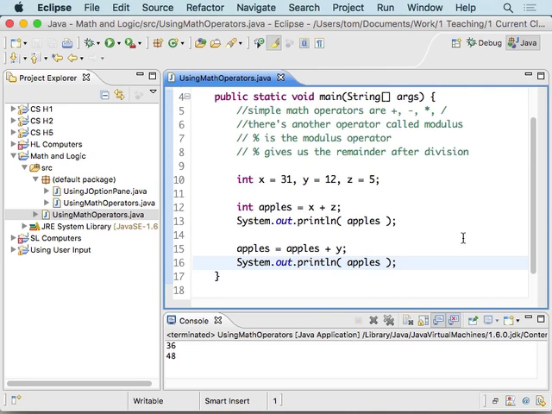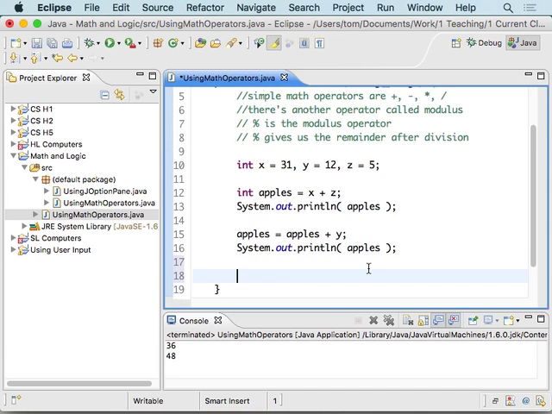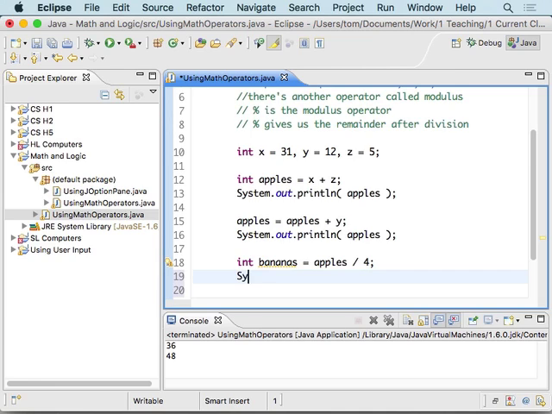Okay, we can do some other stuff with it, right? We can say int bananas equals apples divided by y, or divided by some other number. Let's say it's divided by 4. Bananas equals apples divided by 4. I'm going to print that out, so let's do system.out.